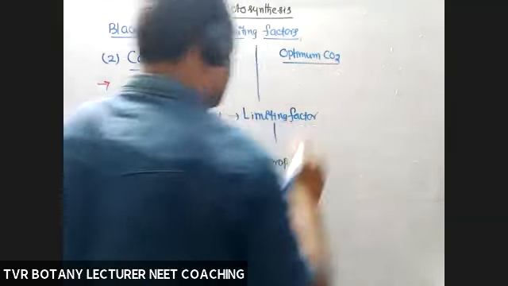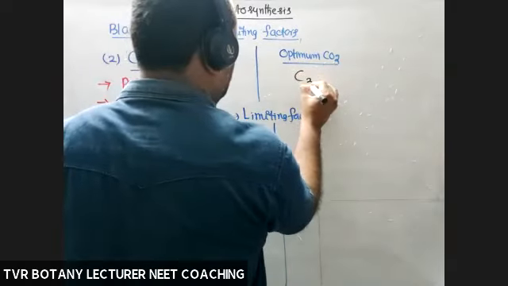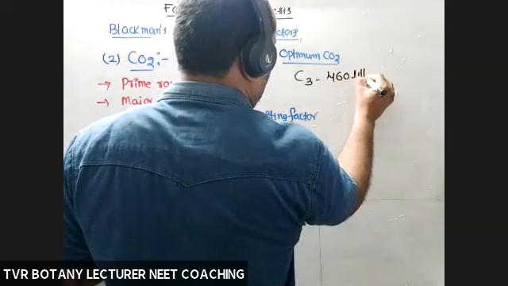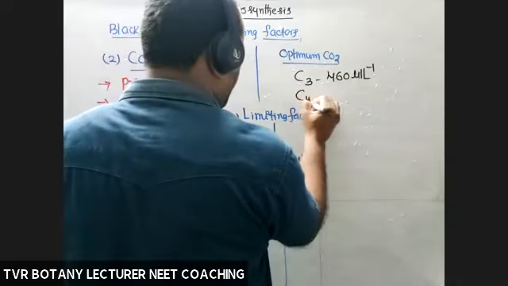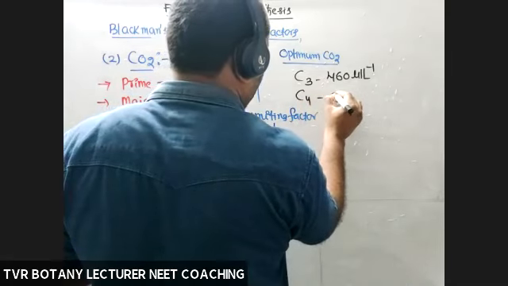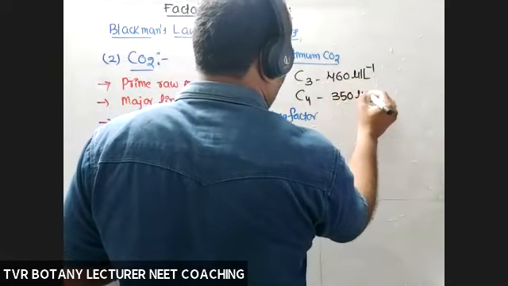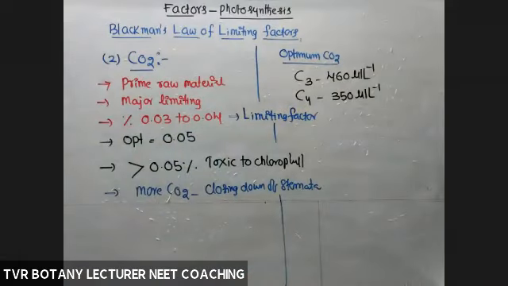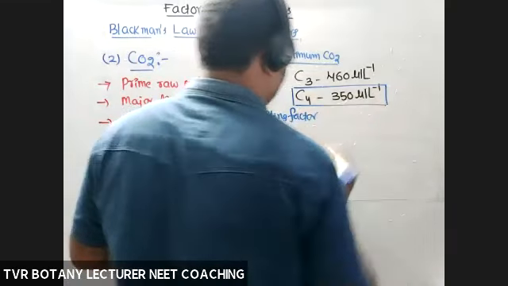According to the given textbook statement, in C3 plants it is 460 microliters per litre. So more concentration of CO2 is required. In C4 plants, the given one is 350 microliters per litre. So in the case of C4 plants, less concentration of CO2 is enough.